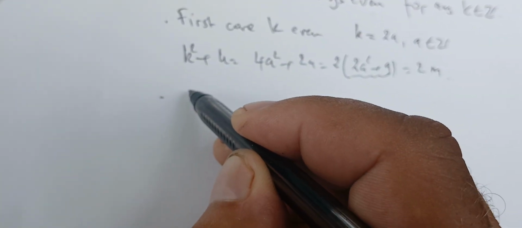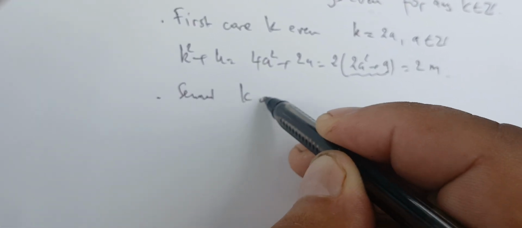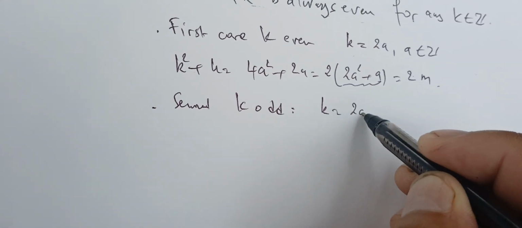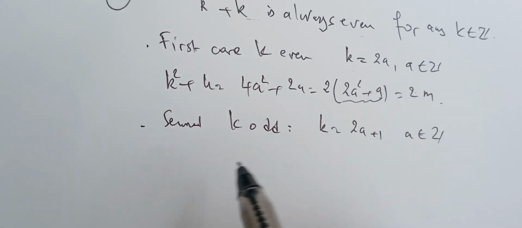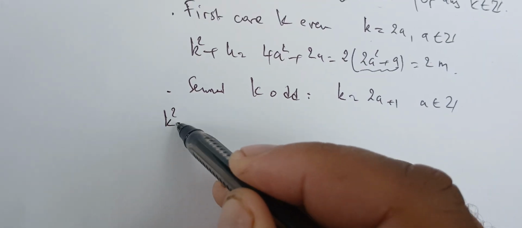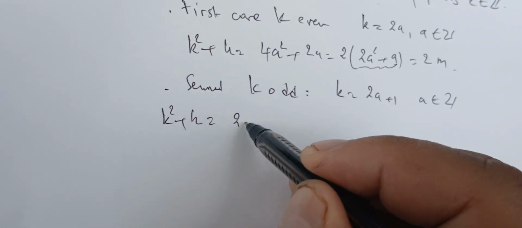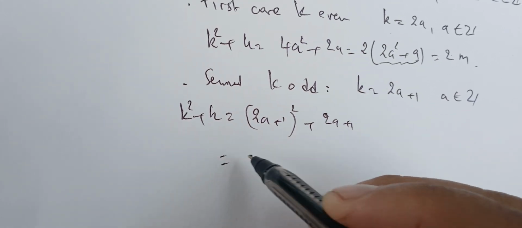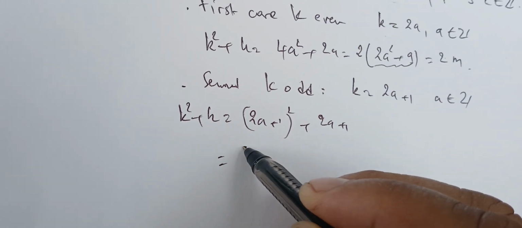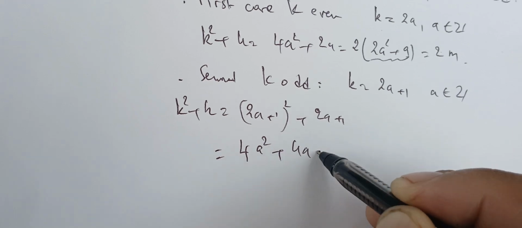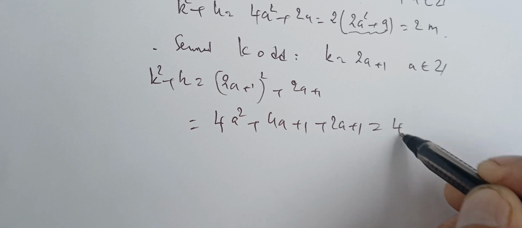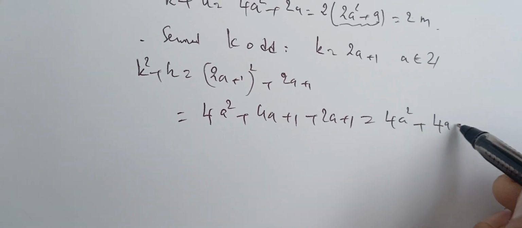The next case is that k is odd. If k is odd, that means k is 2a plus 1, where a is in Z. Therefore k squared plus k is 2a plus 1 squared plus 2a plus 1. If we do some algebra, we get 4a squared plus 4a plus 1 plus 2a plus 1, which is 4a squared plus 4a plus 2.